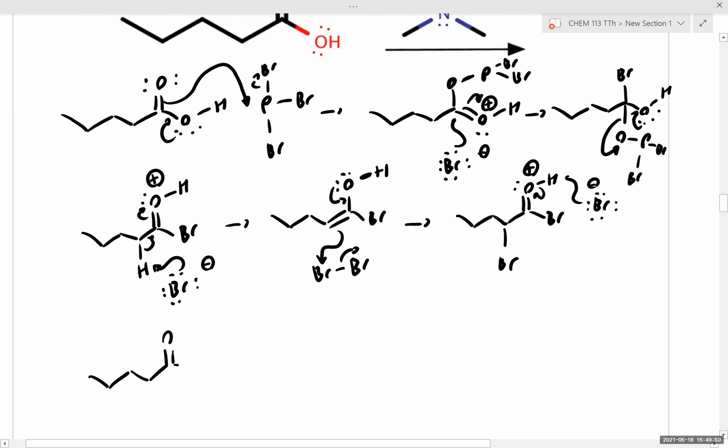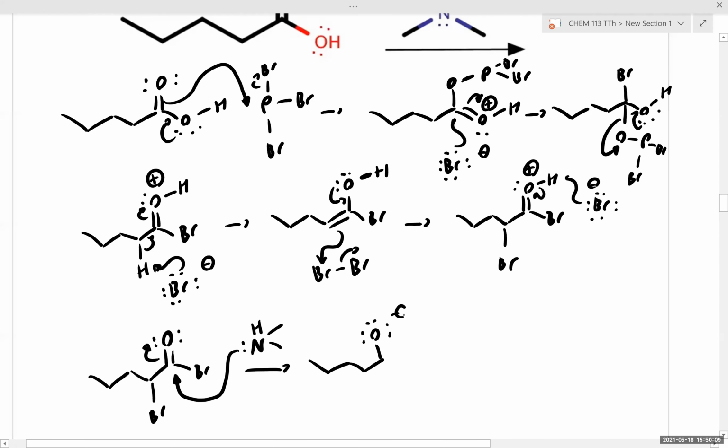From here, this alpha brominated acyl bromide can then be quenched and reacted with common nucleophiles such as dimethylamine. Dimethylamine will preferentially attack the carbonyl carbon, and that in turn gives us a tetrahedral intermediate.